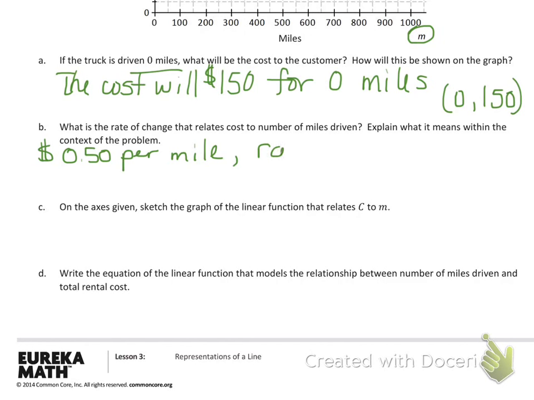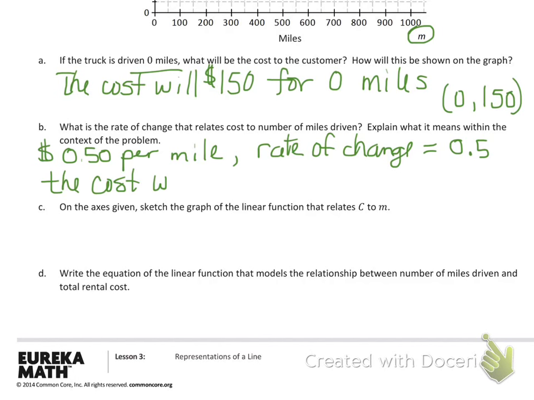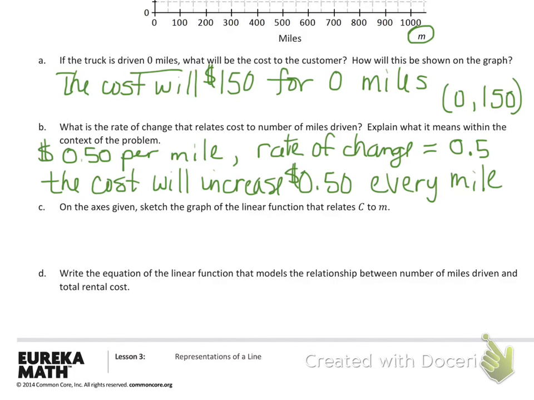So we could say that our rate of change equals 0.5. We could also say something like the cost will increase 50 cents every mile driven. Okay? So that's our rate of change in this.